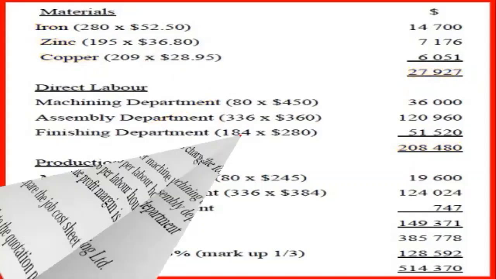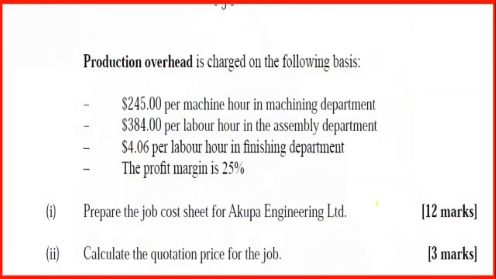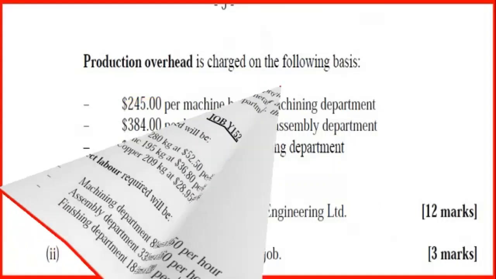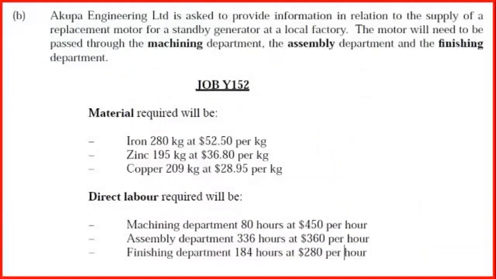we use the absorption base, 245 per machine hour. So the first one will be 245, first department, by 80 hours. Right?